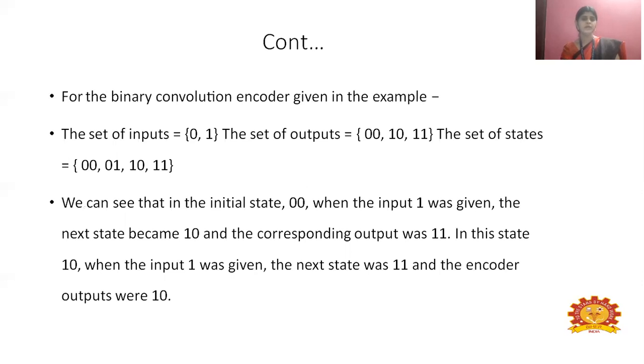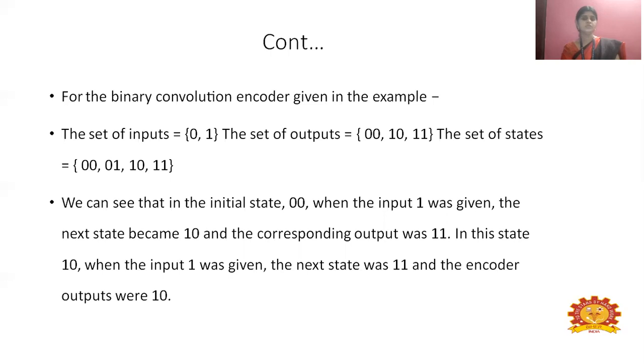So for this binary convolutional encoder given in the example, the set of inputs is 0, 1, the set of outputs we got is 00, 10, 01, 11, and the set of states we got is 00, 01, 10, 11. So we can see in the initial state 0, 0, when the input 1 was given, the next state becomes 1, 0, and the corresponding output obtained is 1, 1.